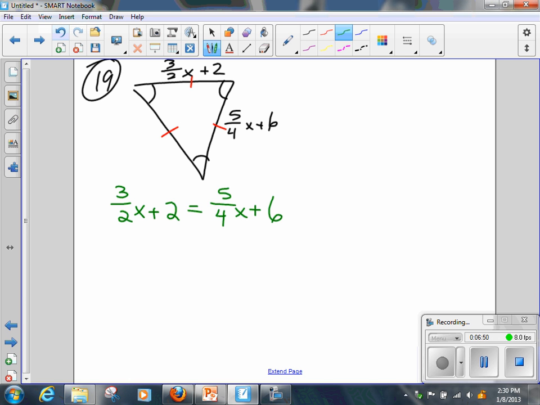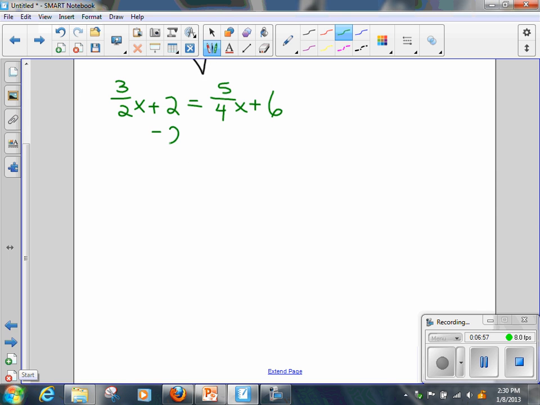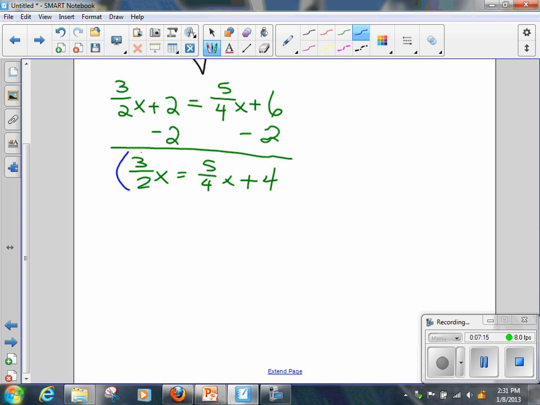Folks, don't freak out if it's fractions. Big deal. Big old deal. Okay? Watch. I'm going to subtract 2. That's going to give me 3/2 x is equal to 5/4 x plus 4. Now, you guys have calculators. Use parentheses. When you put this in your calculator, you know we're going to subtract 5/4 x from both sides.